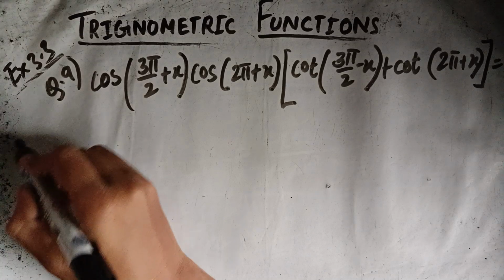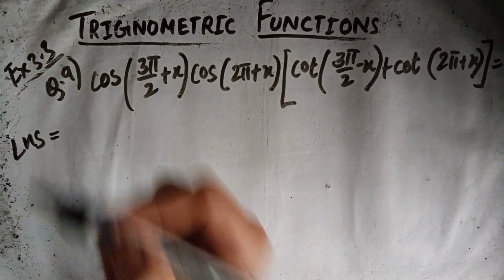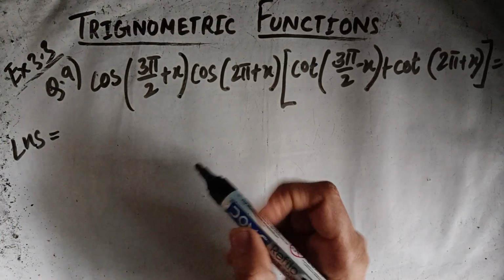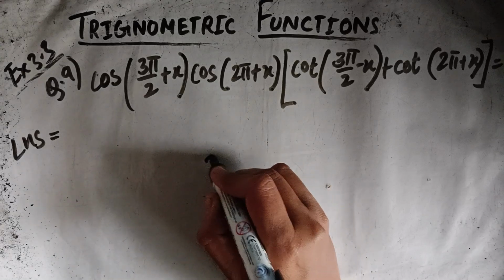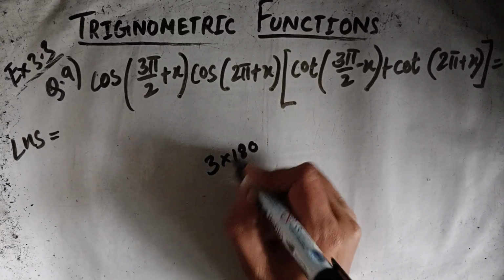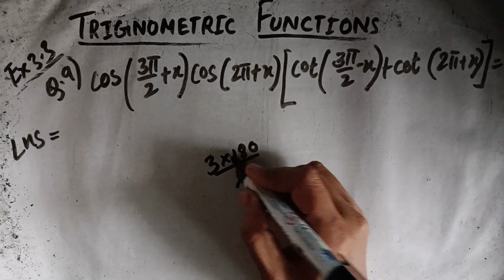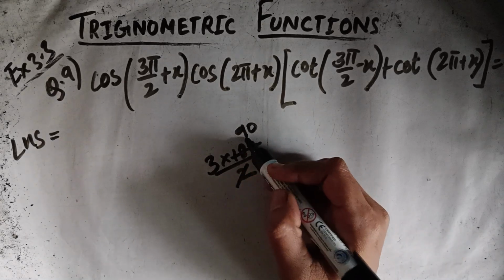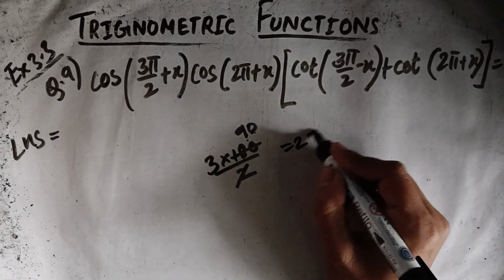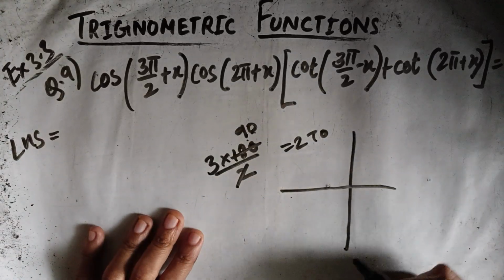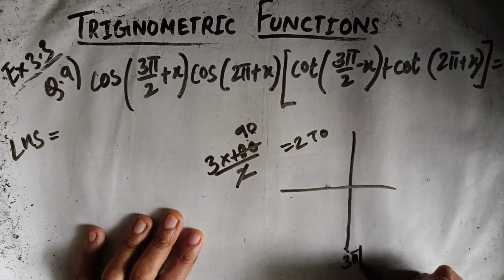Okay, LHS. Now what is the value of 3 pi by 2? This is 3 into 180 upon 2, right? So this is 90 and this is 270. 270 means this is your 3 pi by 2, correct?